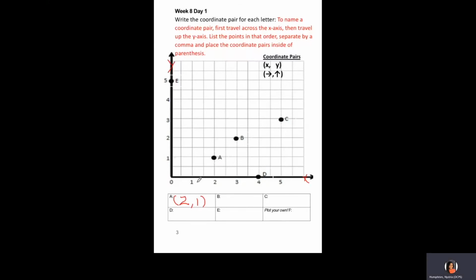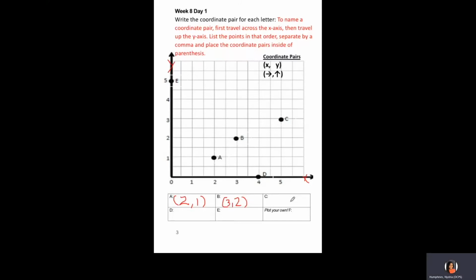All right, let's do B. Let's go across our x-axis. B is aligned with 3. So X is 3. Put our open parentheses. If we go up our Y line and we trace across, we'll see that B is at 2. So our point is 3, 2.